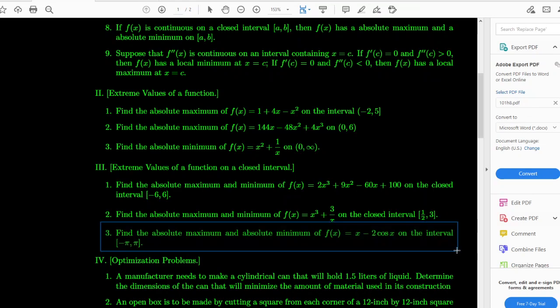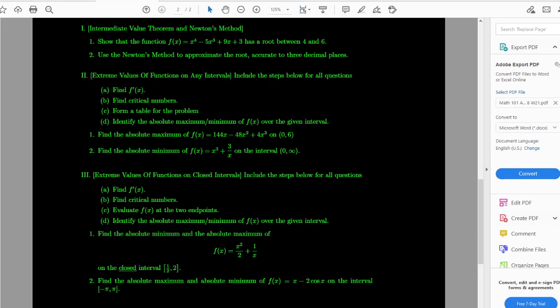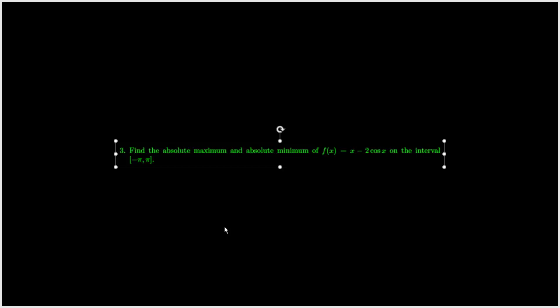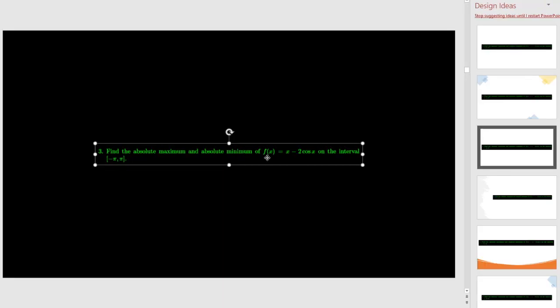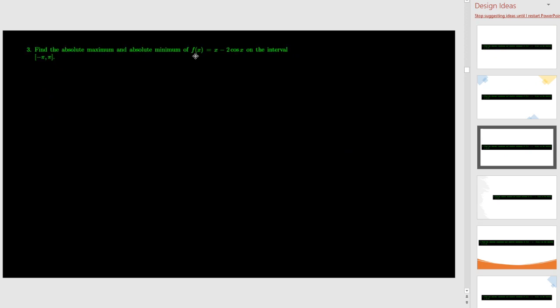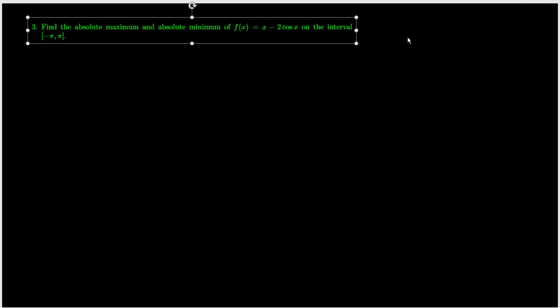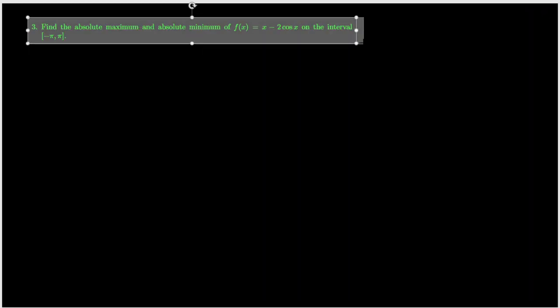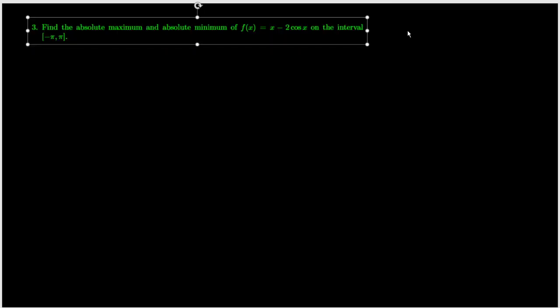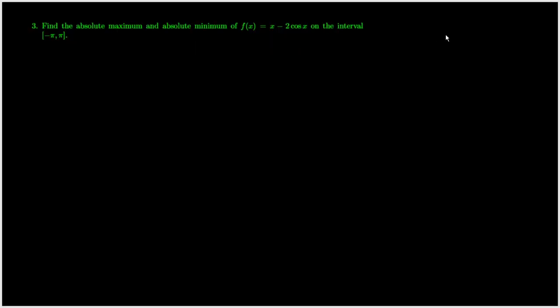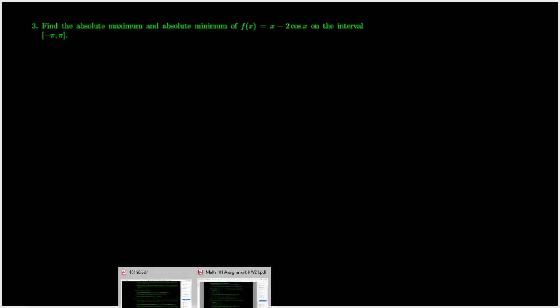I will give you some hint on number 3. When you do this type of question, the idea is easy. Just for some functions, you need to use some other knowledge like trig stuff to get the critical numbers. I'm starting to make comments on the assignment. I will show you the assignment right now.